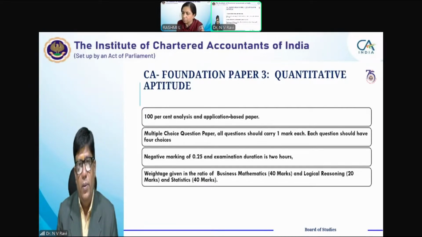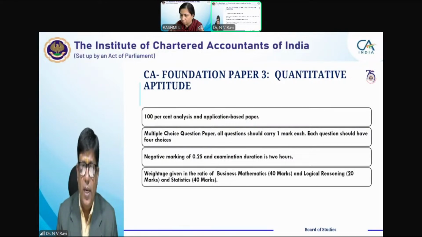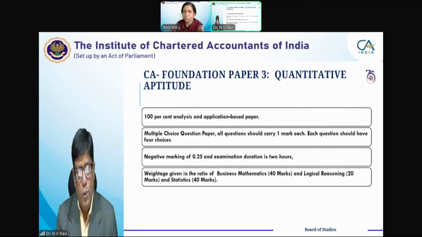If you have darkened the circle wrongly or marked the answer wrongly, a negative mark of 0.25 will be deducted. The duration of the examination is 2 hours.